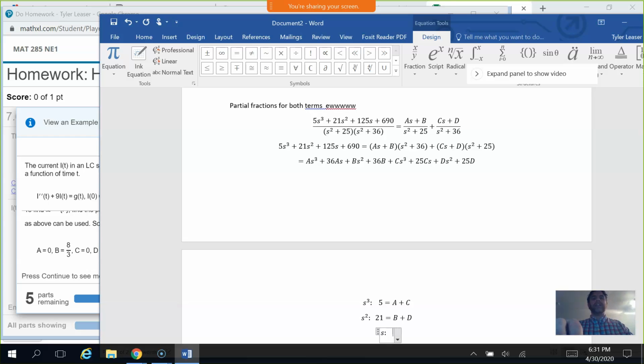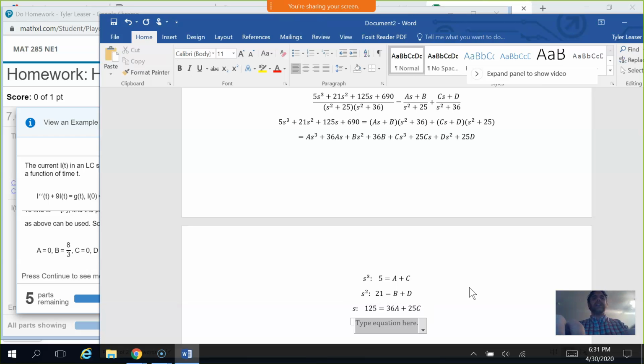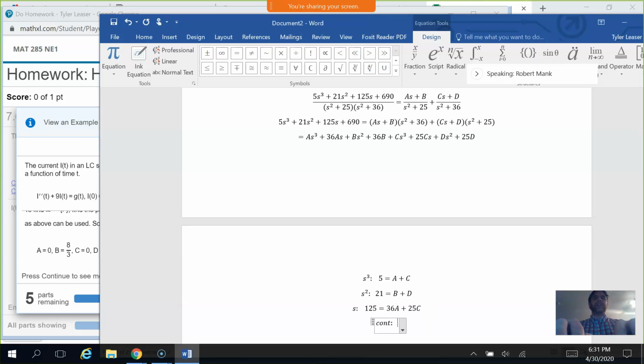Just the linear stuff, s, we have 125 on the left, and 36a plus 25c on the right. And then we have the constant terms, so we have 690 on the left, 36b plus 25d on the right. I don't think I missed any.